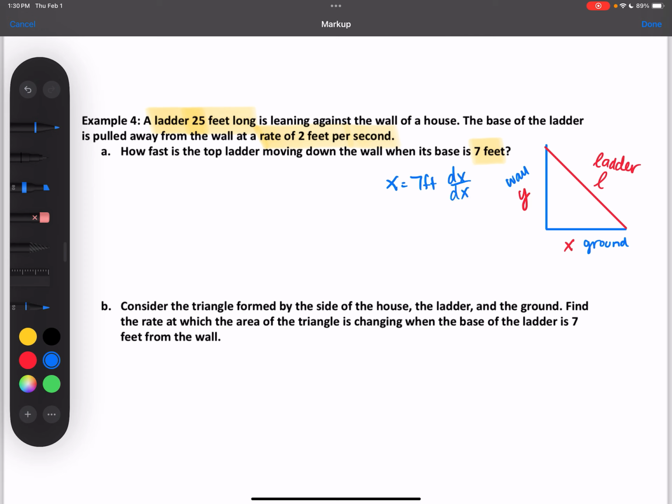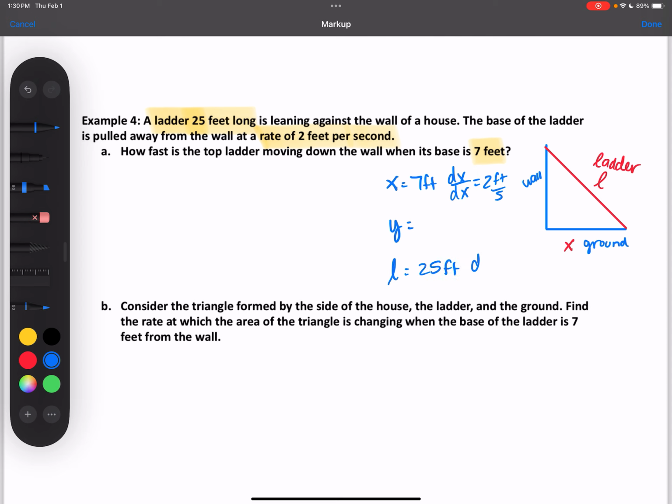Moving away from the wall at 2 feet per second. Y, we don't know, but we'll be able to find it, right? Because we have the length of the ladder. So we have Z, or L, confusing myself. L is 25 feet.